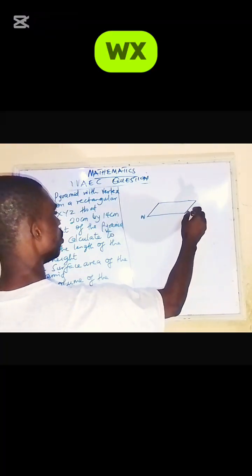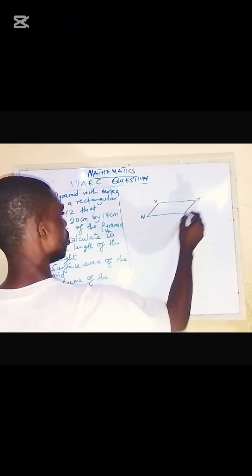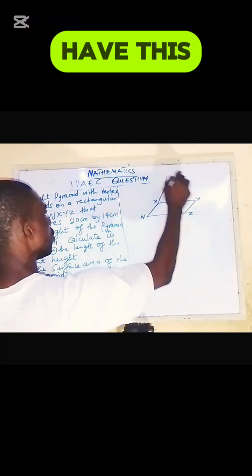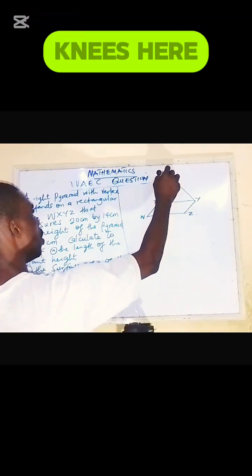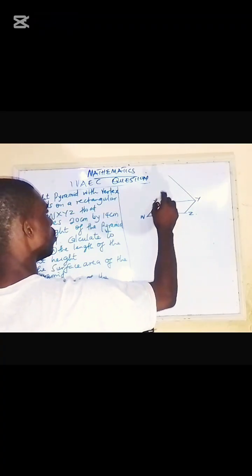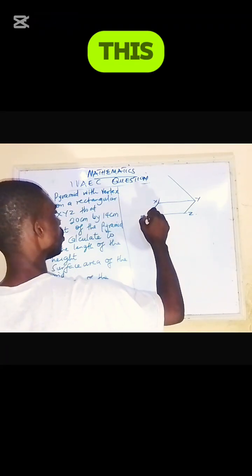W, X, Y, Z. So standing there, then you have this, the meet here. Then we have this.